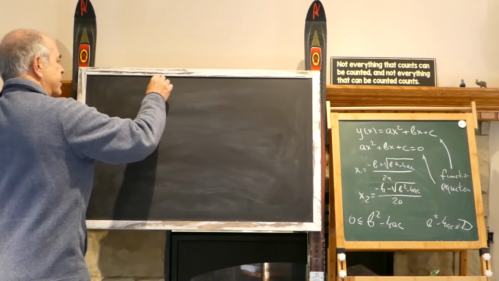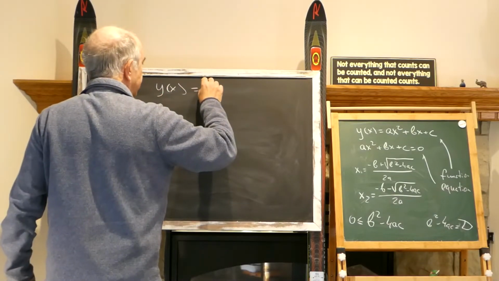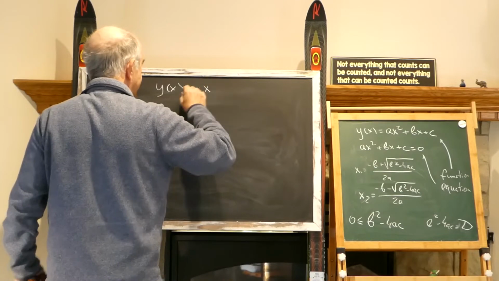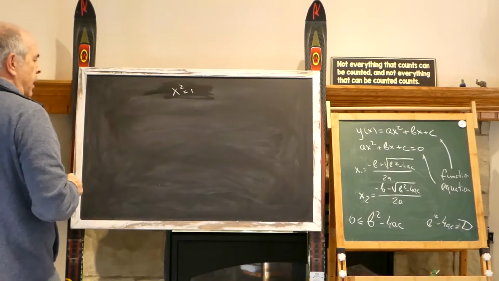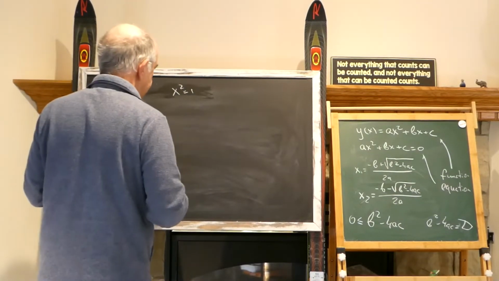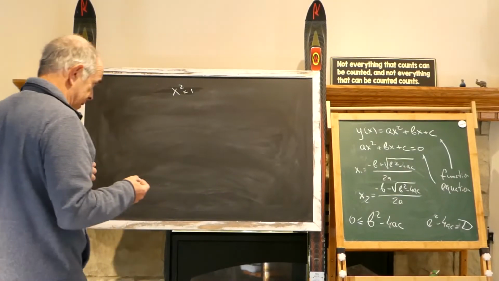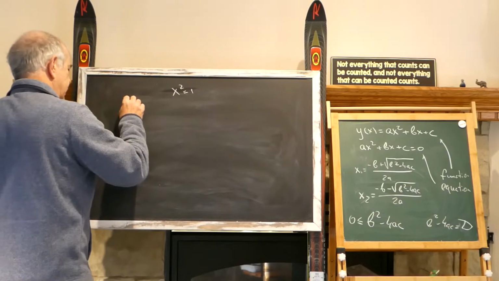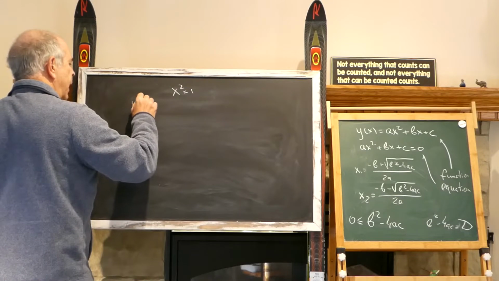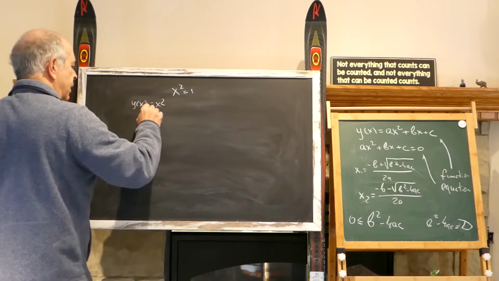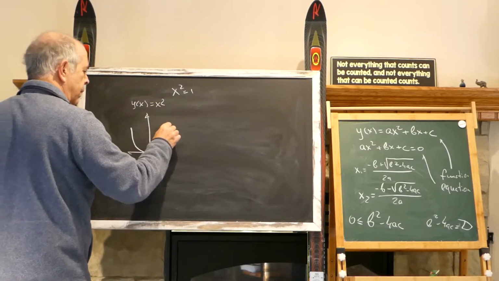Because remember, in the very end of the previous video, we went to solve this equation, x squared equal 1. And we got two results, plus minus 1, but I want to talk about this a little bit differently. We talked about this function y equal x squared, and this graph is a parabola with branches up.